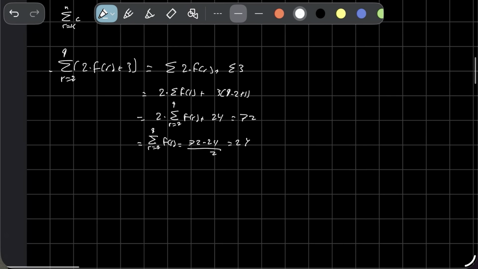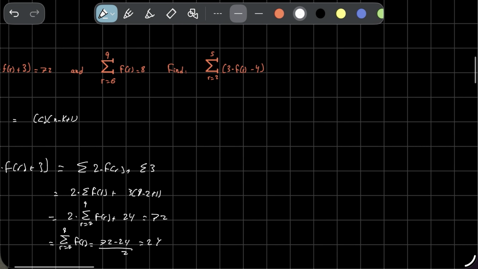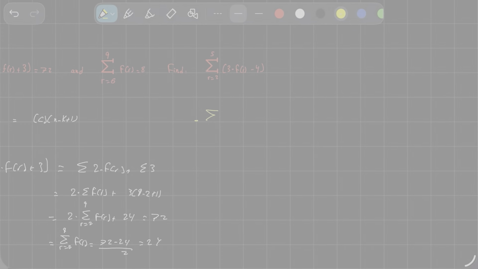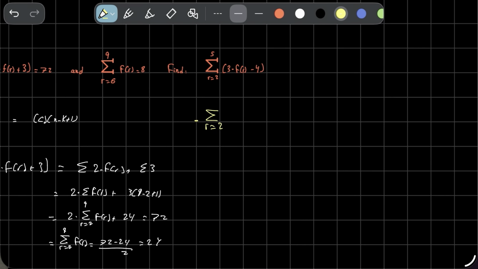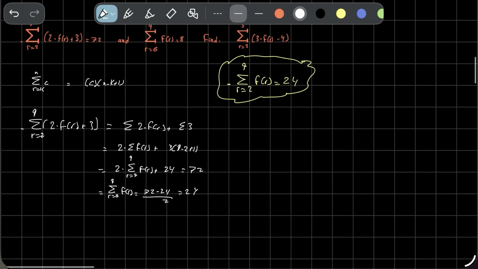Let's put this as a star here. We know that sigma r equals 2 to 9 of fr equals 24. This is the first given that we concluded. Okay, let's see the second one.